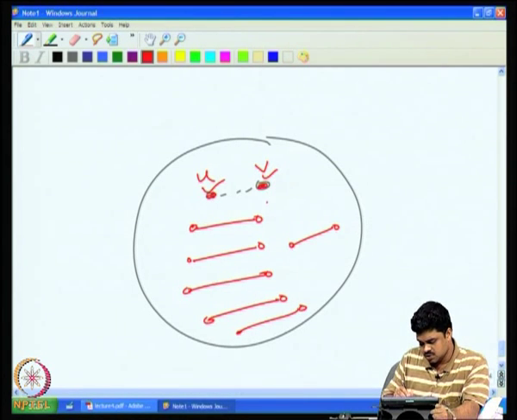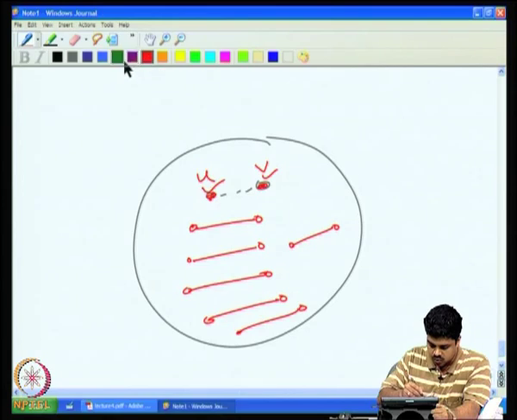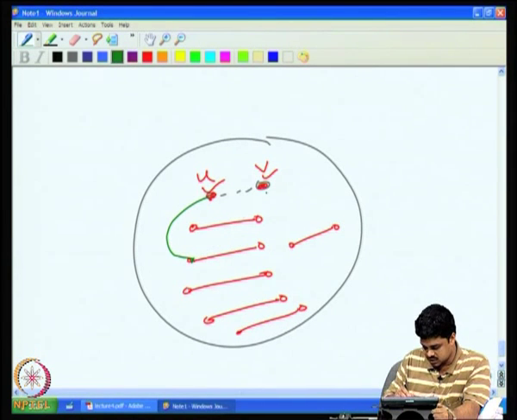So, if I start my path from u, I can always go from u to some vertex, because it is not adjacent to it, and I can always follow this red edge. Now from here I can try to find another vertex, maybe I reached here.